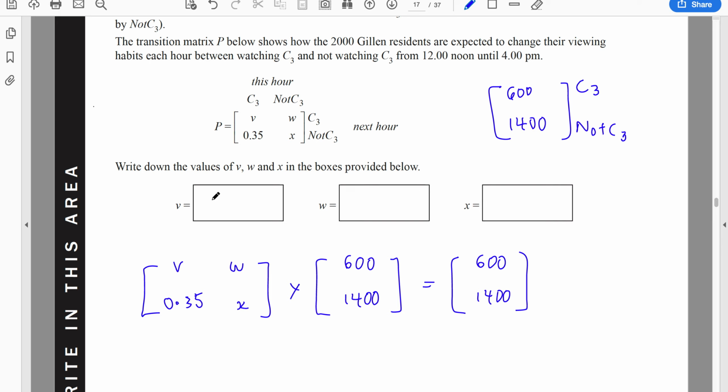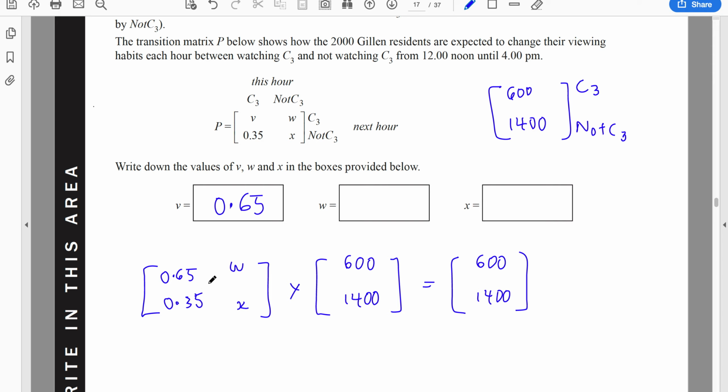So that means that this value should be 0.65. Now that's just from our knowledge of transition matrices, having the columns add up to 1. So even if you were completely stuck, hopefully you were able just to get that bit. So just to get at least one of these values. So just put that in here, 0.65.